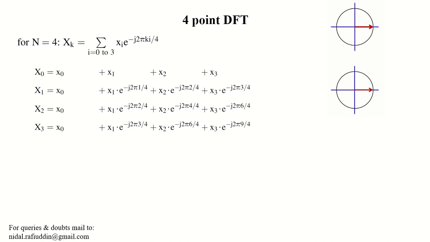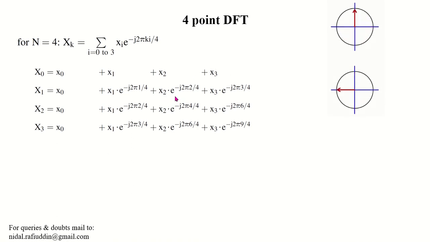So the bottom vector represents the vector associated with the exponential terms of x1. Here we have e raised to power 0, which represents the vector along the real axis on the right side, and e raised to power minus j 2 pi 1 by 4 represents the vector when it is along the vertical axis, upward or positive y-axis.